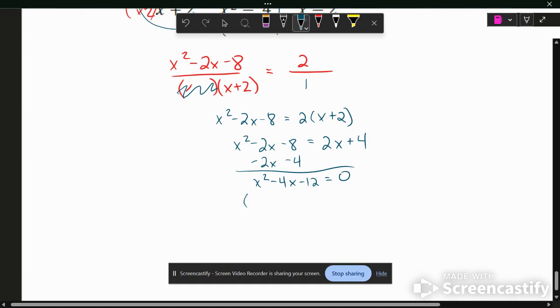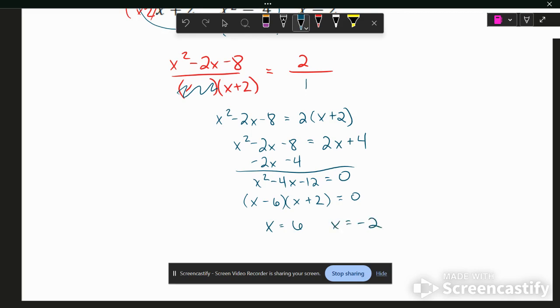And then factor. So this will be x minus 6, x plus 2. So I'll get x is equal to 6 and x is equal to negative 2.